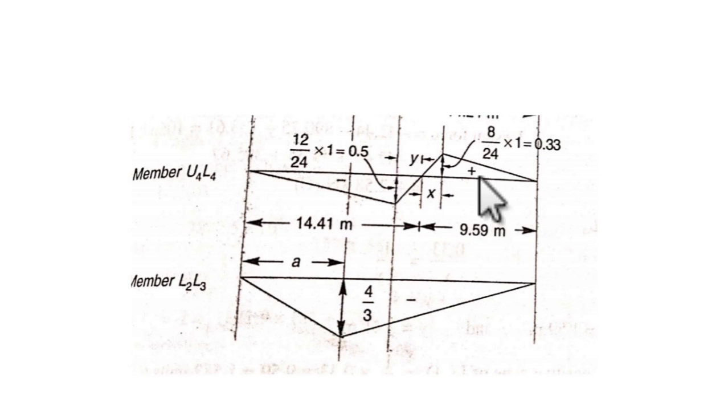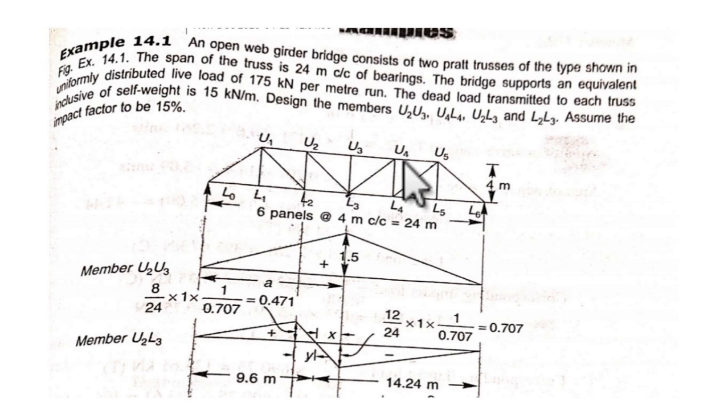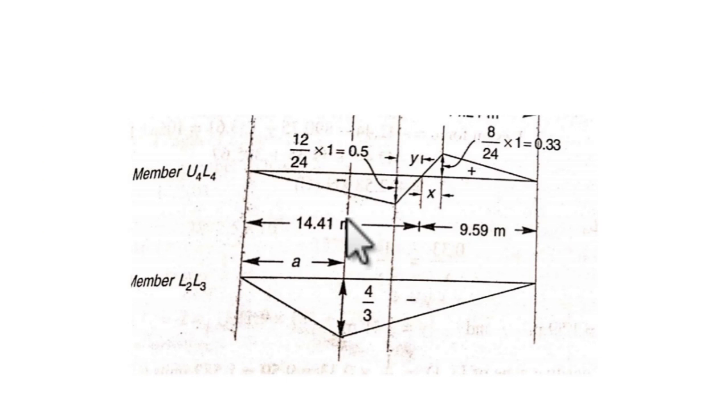Similarly, for the vertical member also, as you can see, it starts from U4 L4. This member we are talking about, U4 L4, will start here and terminate here. So it has started from here to 8 by 24 into 1. For vertical members, it will be same as the diagonal members, only that the cosine component will not come.